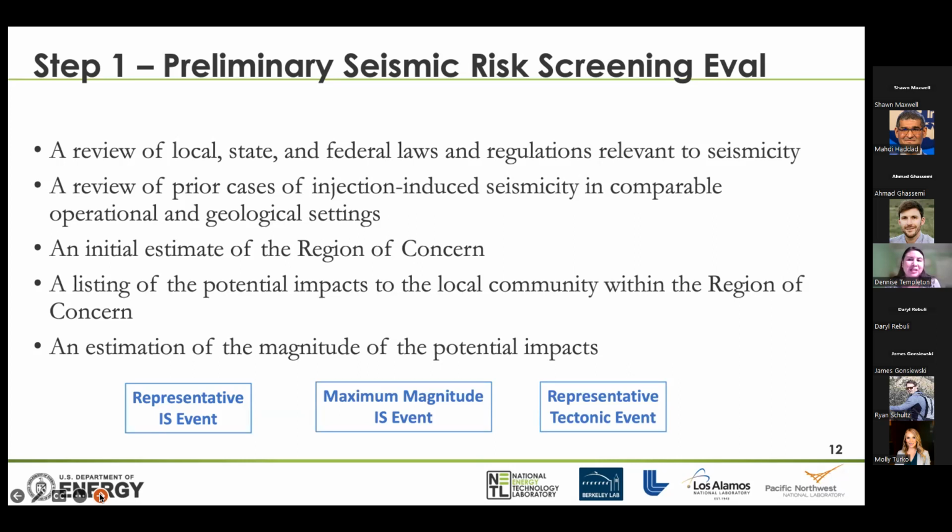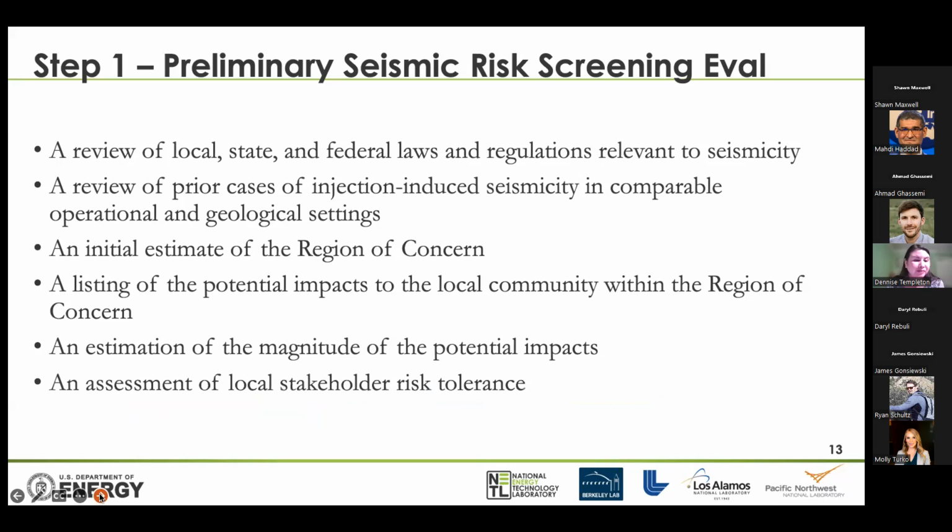And so we go into some detail as to what the science right now says could be a representative induced seismicity event, a maximum magnitude event, and a representative tectonic event. And this is kind of discussing, trying to help us compare what might happen with induced seismicity and compare it to what people are living with right now in their locations.